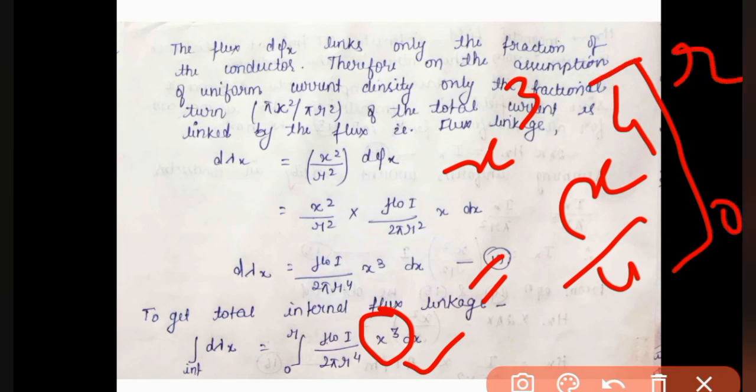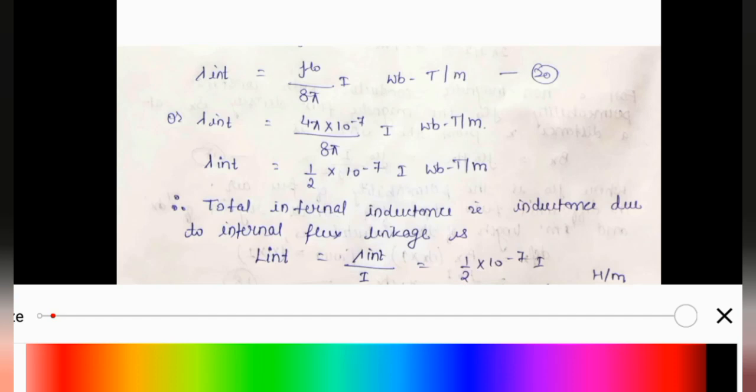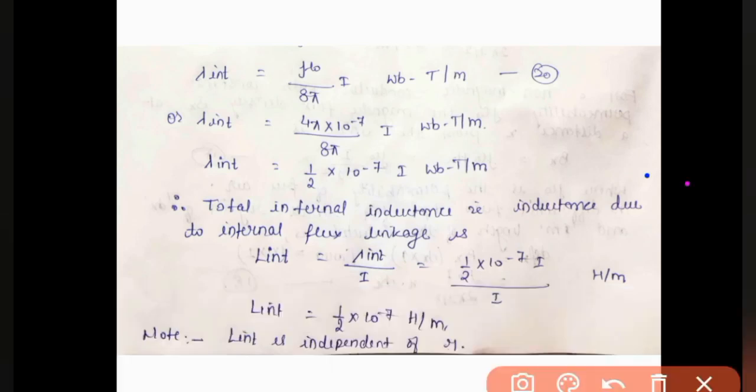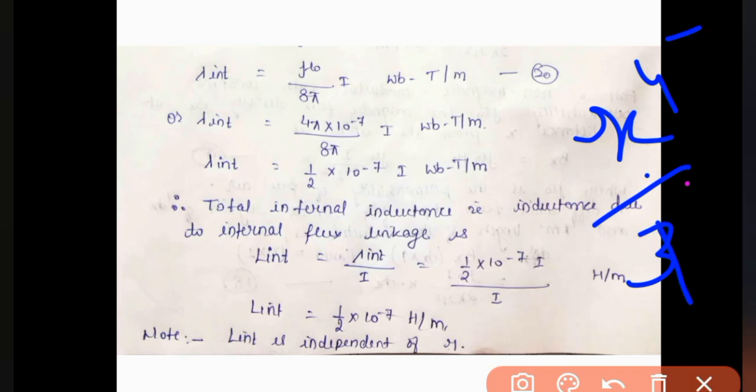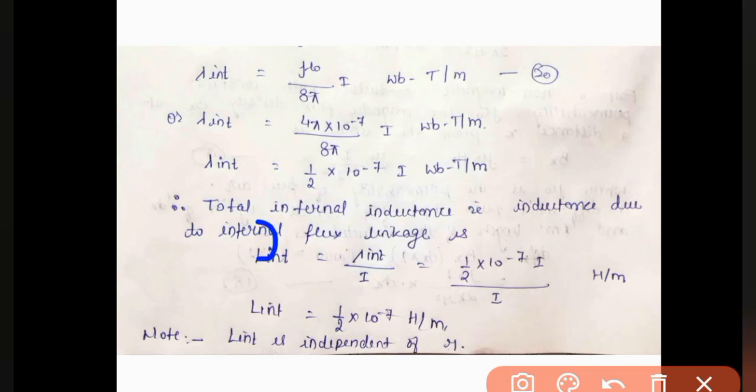Okay, now moving to the next slide. See here what we get. We are getting x to the power 4 upon 4, from 0 to R, it means it becomes R to the power 4 upon 4.